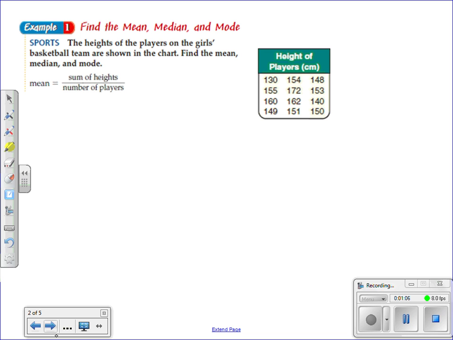Here we have a set of data. We have these basketball players and their heights in centimeters. So what we will do to find the mean or the average, we will add up all of the data. 130 plus 154 plus 148 plus 155 plus 156 plus 156 plus 160, and so on and so on.